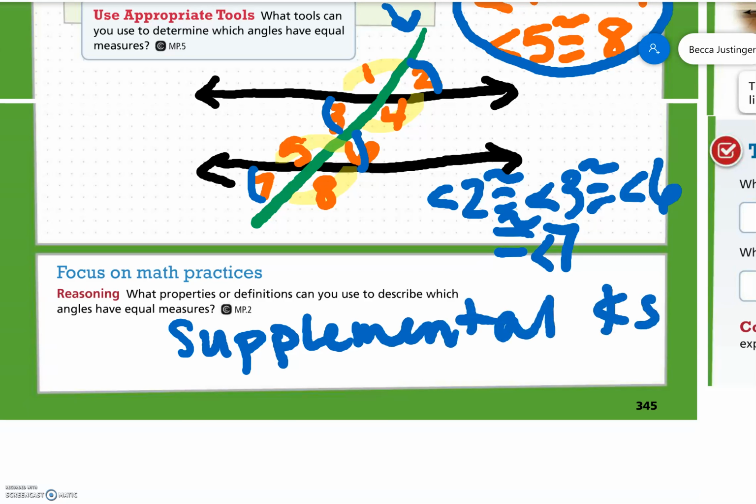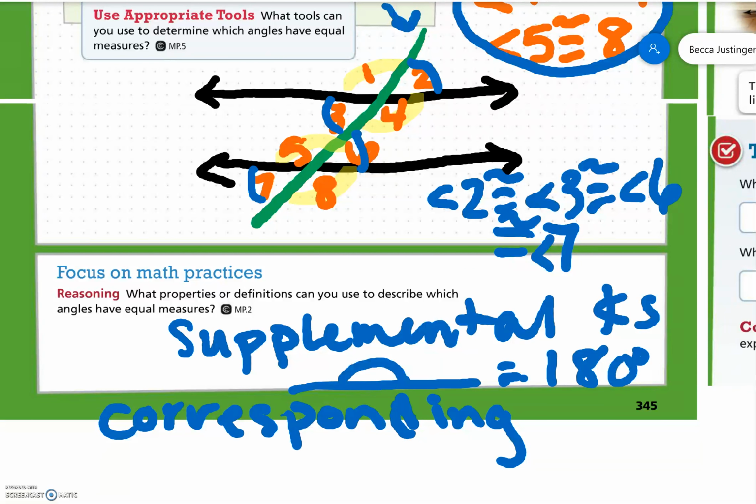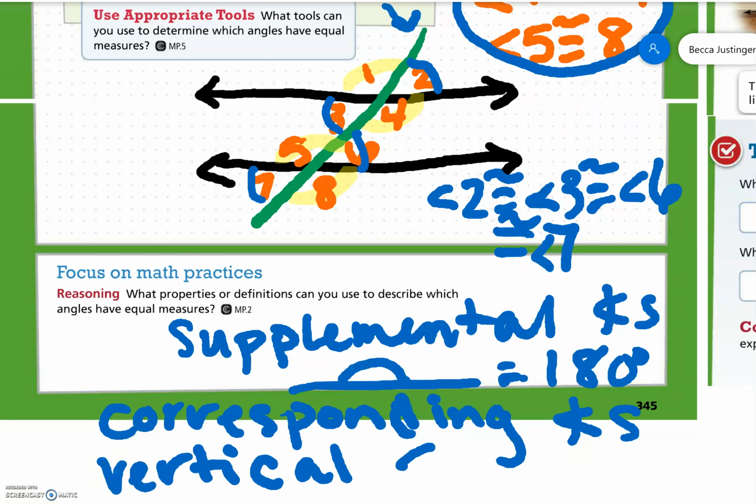Supplemental angles are where two angles in a straight line equal 180 degrees. We can use corresponding angles, the angles that would line up on each other. And then we can use vertical angles, angles that are directly across from each other.